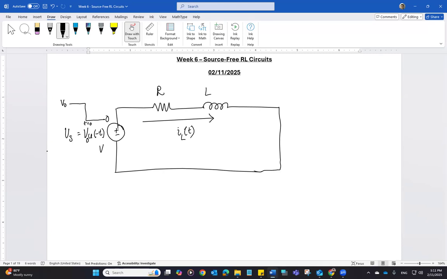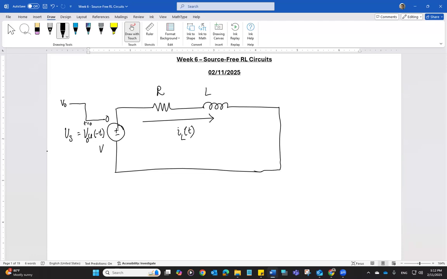And if the magnetic field is not changing, that means the induced voltage, or the voltage across the inductor, is not going to change. And the voltage being zero means that your inductor is acting as a short circuit, and the current is flowing through that short circuit.